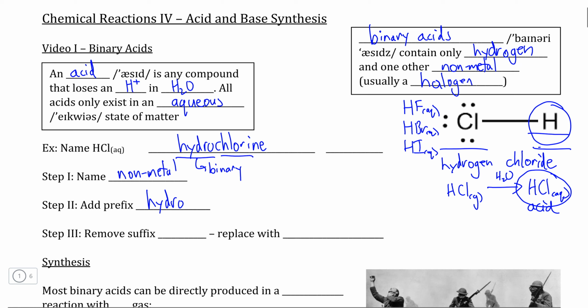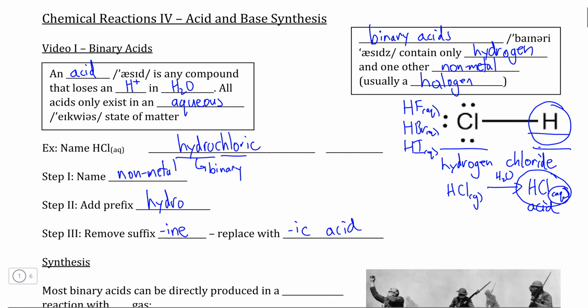And likewise, if chlorine were in an ionic compound, we would remove the suffix -ine from the name, only instead of replacing it with -ide to show that this is an ionic compound, we're going to replace this with the suffix -ic acid in order to indicate that this is indeed dissolved in water and therefore is behaving as an acid.